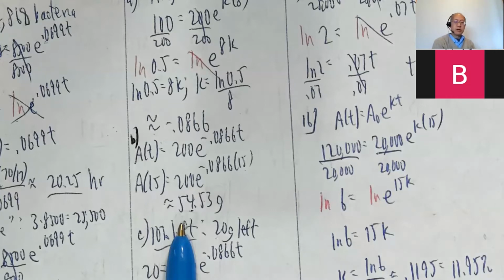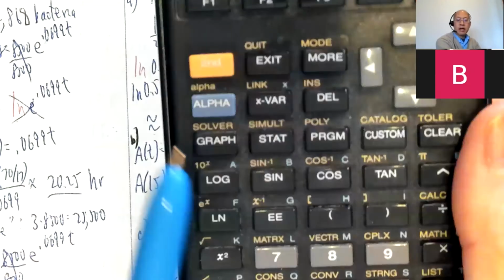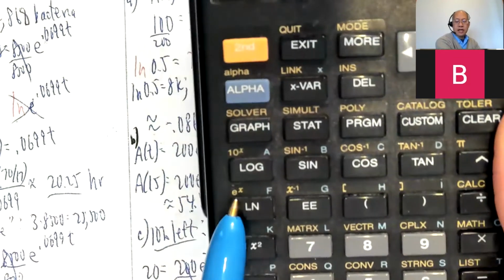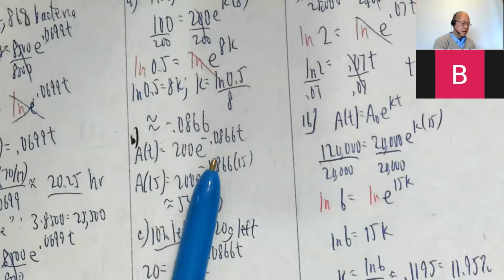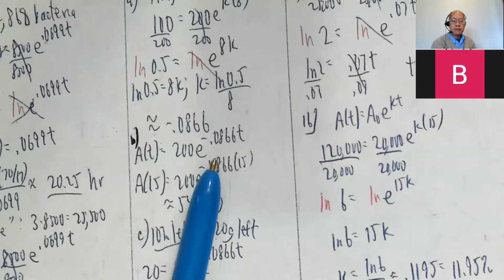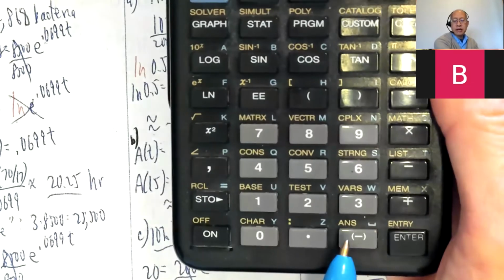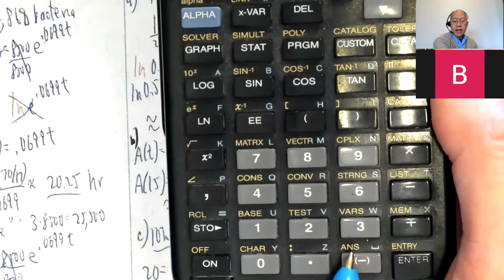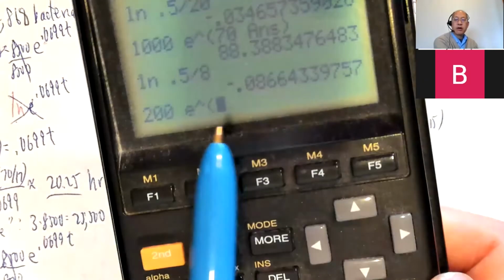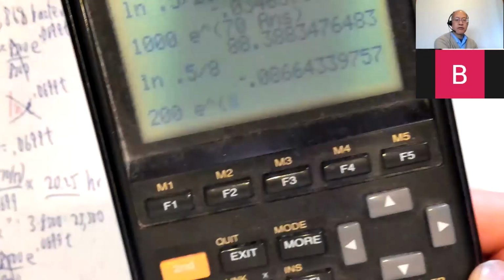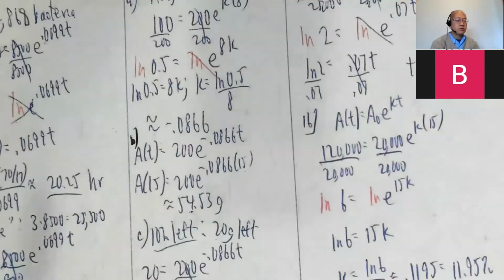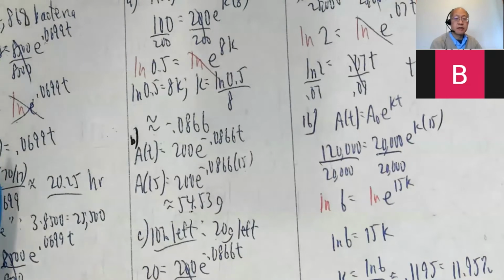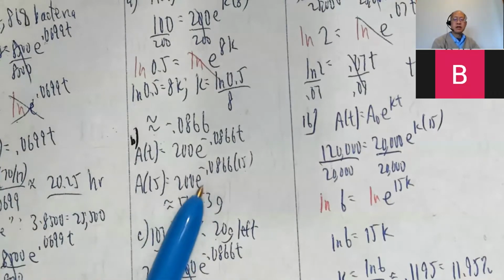So 200. The second function on my calculator is above the ln, so the e to the x button up here. So second function, e to the parentheses, negative point. Now my calculator has an answer key, which helps. That means I don't have to type out negative 0.08664339... If I just hit the answer button, it does it for me. So it's the answer times 15.